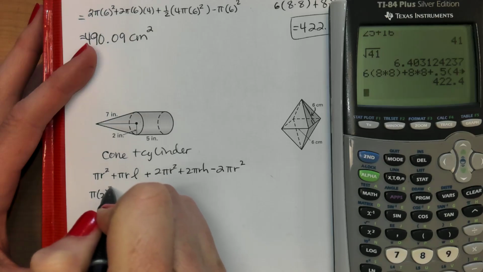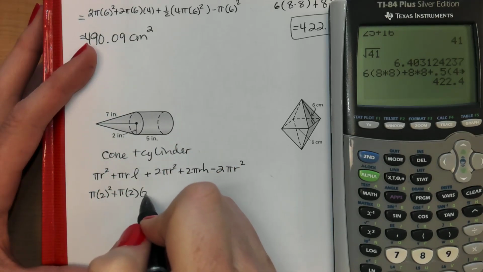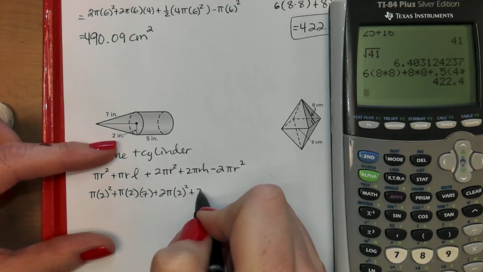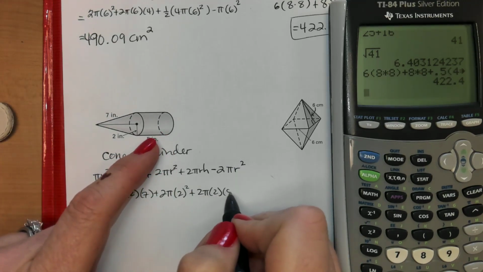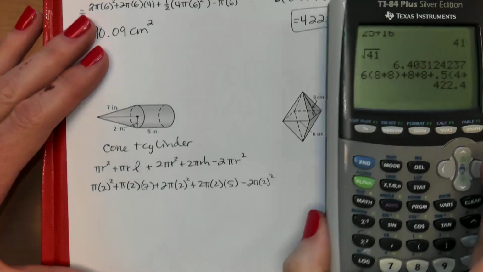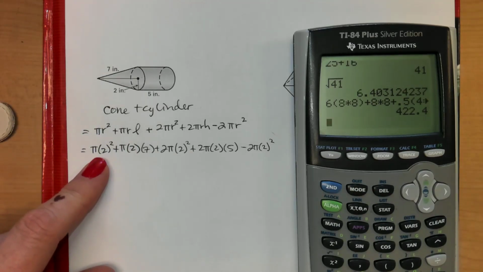And we know our radius, that's 2. We know our slant height, that's 7. And radius is still 2. Height of the cylinder now is where we're at, so that's a 5. And then minus 2 pi 2 squared. Again, we can get all that typed in, just be real careful so you don't miss anything.